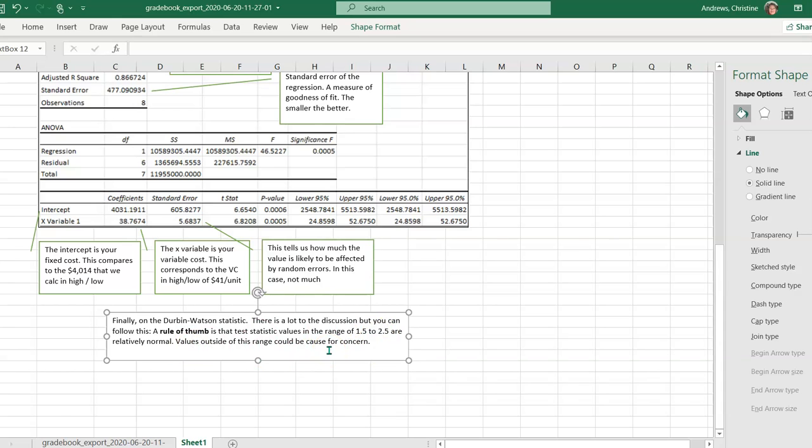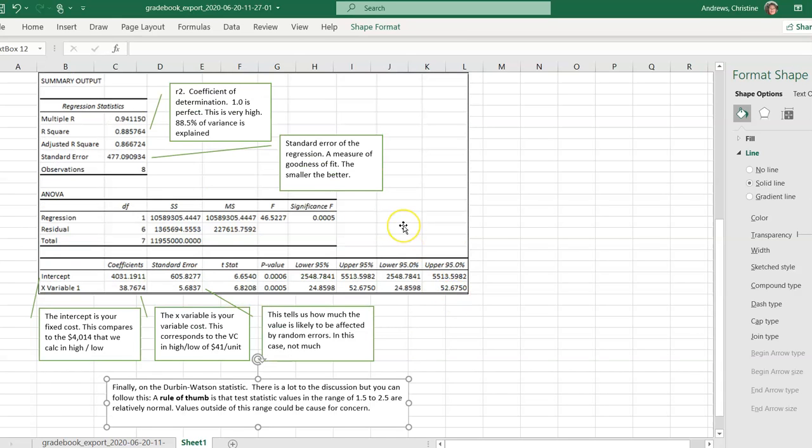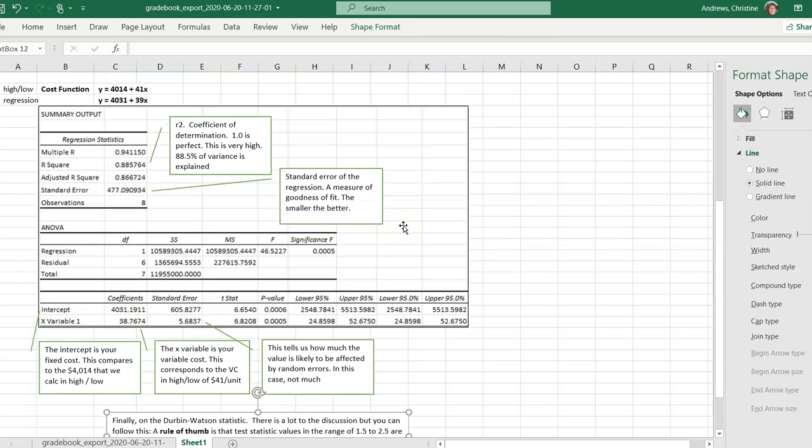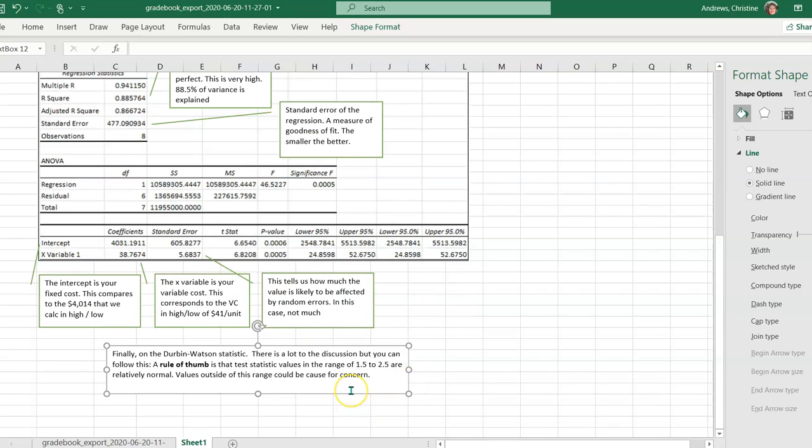That's good. We don't have a Durbin-Watson stat here, but that's okay. That would be one way to look for independence of the residuals.